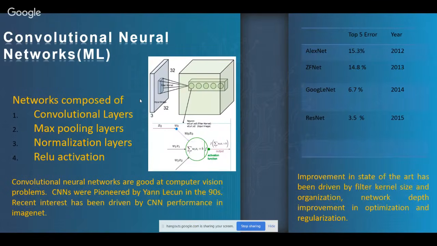Convolutional neural networks, as I discussed earlier, are composed of convolutional layers, max pooling layers, normalization layers, and ReLU activation. The pioneering work on convolutional neural networks was done by Yann LeCun in the 90s.